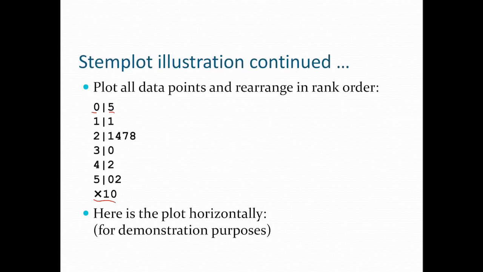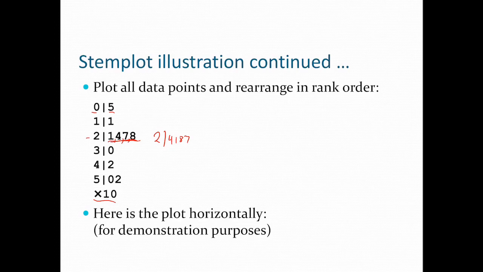Once again, just remember that everything has to be in rank order. So let's go to our 20s, or our stem of 2, and then our leaves here. This is going to be 21, 24, 27, 28. Notice how they're in rank order. You can't just put them as 4, 1, 8, 7. That doesn't work.